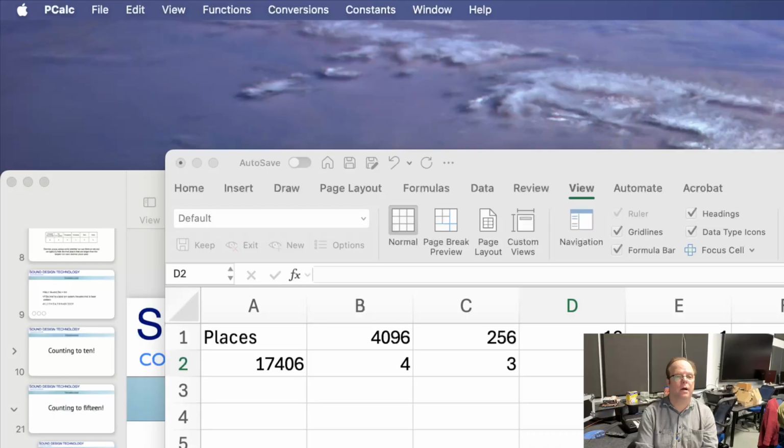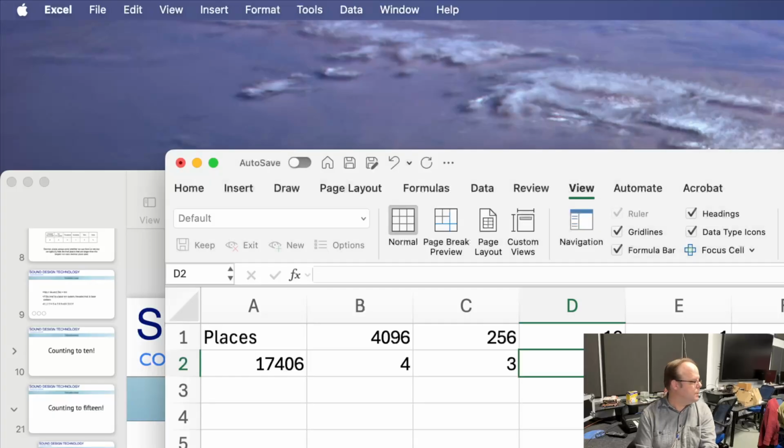So now I've got to figure out, what do I have left? 17,406 minus the 17,152, I am left with 254. How many 16s can I get into that? Divided by 16, I get 15.875. So I can get 15 16s in there.